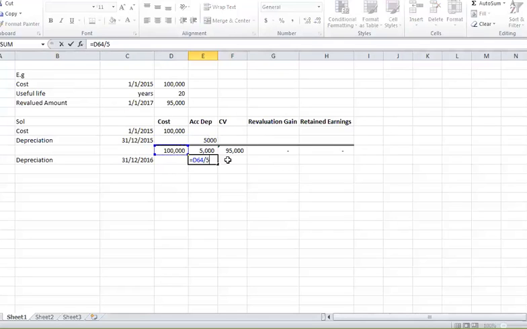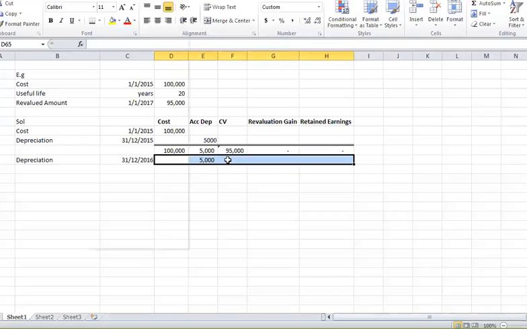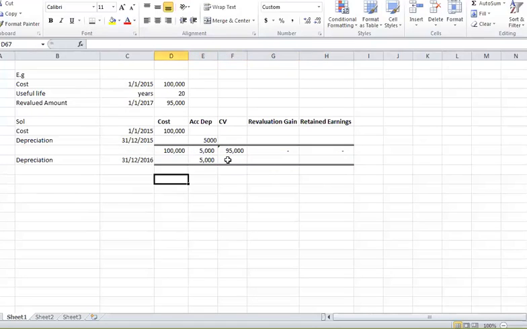What is useful life? 20 years. So once again, in the year number 2, depreciation is once again 5,000 pounds. So at the end of year number 2, cost is same, 1 lakh. Accumulated depreciation is 10,000 pounds and carrying value is 90,000 pounds.